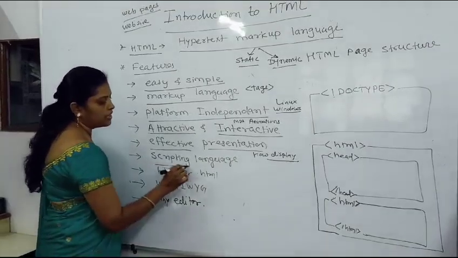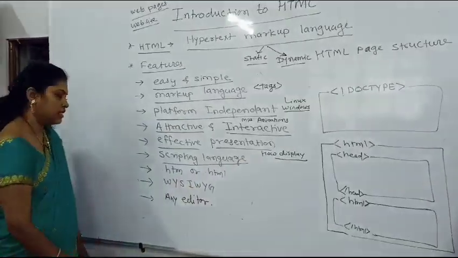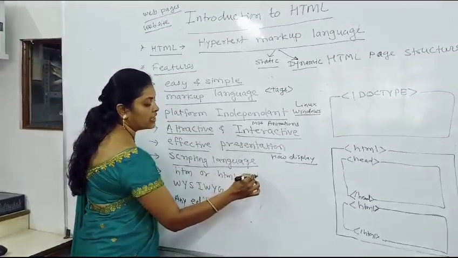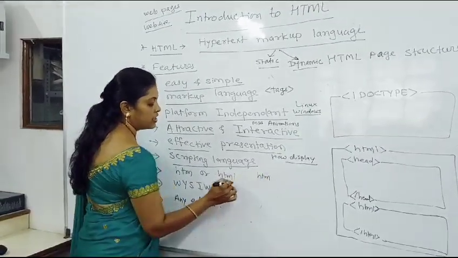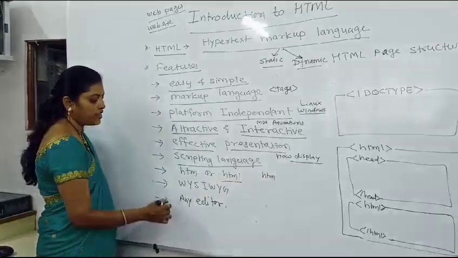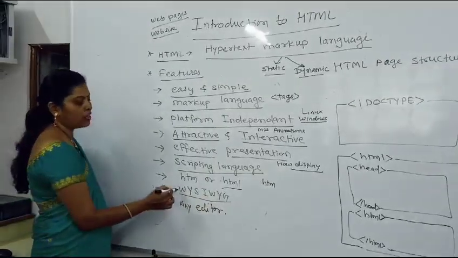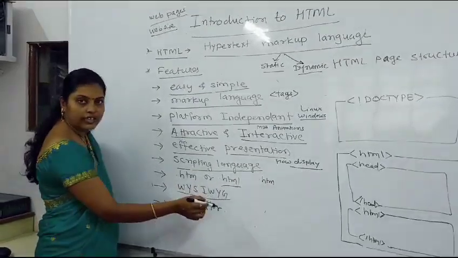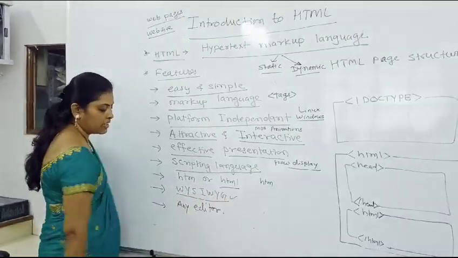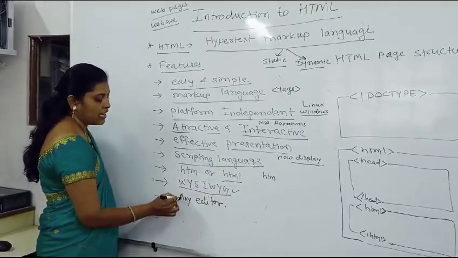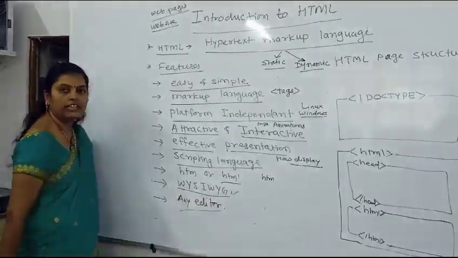It is a scripting language, which is one of the features of HTML. You can store an HTML file by using the .htm or .html extension. This is the feature that you can get from HTML: what you see is what you get. It is one of the features followed by HTML. And another important feature of HTML is that you can use any editor for creating the HTML file.